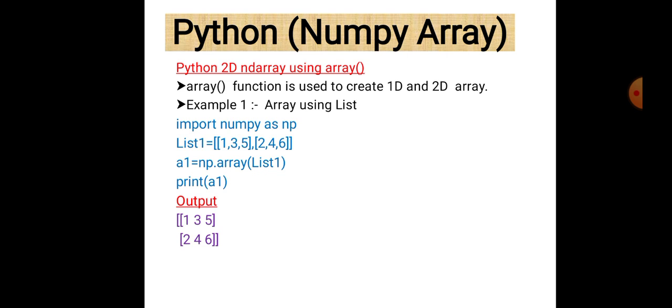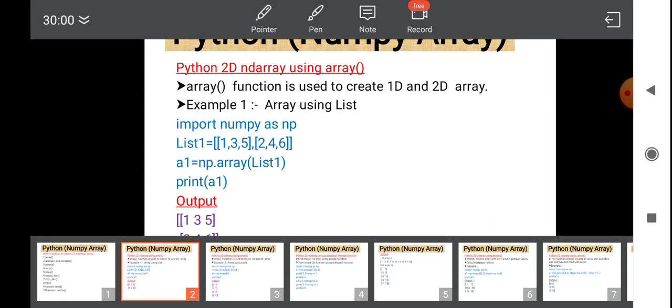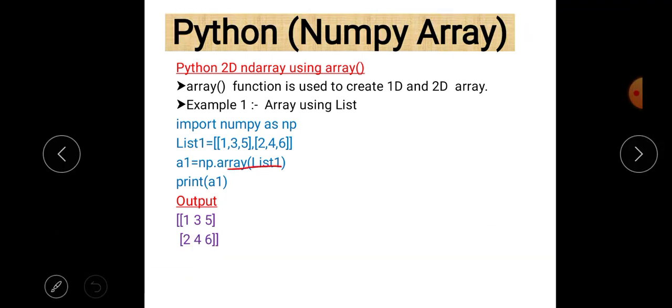So list is there. You can easily see here 1 3 5 and 2 4 6 are the elements of two lists. Actually it is a nested list. To convert this nested list into an array, we take a variable a1 and then we just write a1 equal to np.array, and then pass list1 as a parameter value.